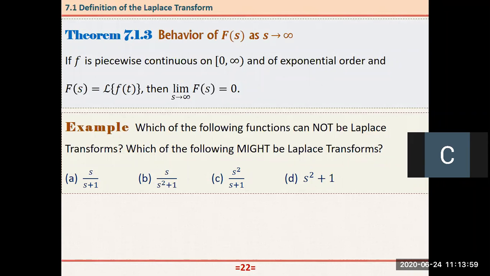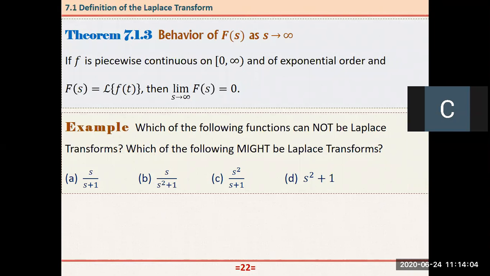This theorem says that if f is piecewise continuous on the interval from 0 to positive infinity and of exponential order, and that the Laplace transform of f is equal to capital F of s, then the limit of F as s goes to positive infinity must be equal to 0.